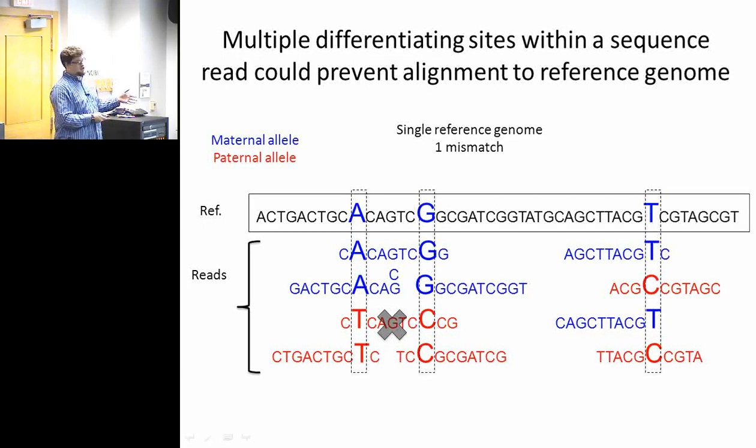And so all such reads that overlap more than one differentiating site would in fact be removed from analysis. They simply wouldn't be able to align to our single reference genome. Because of this, we hypothesized that increasing the number of mismatches would improve our estimates of allele-specific expression.